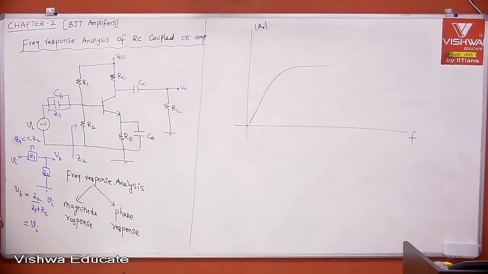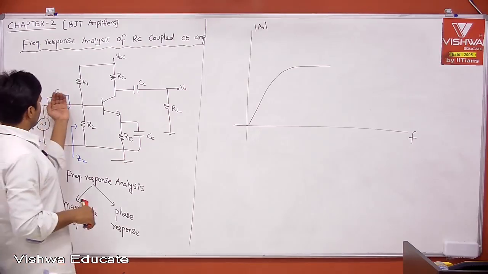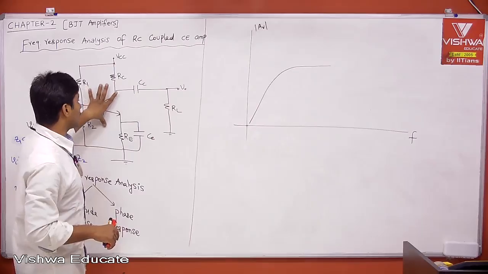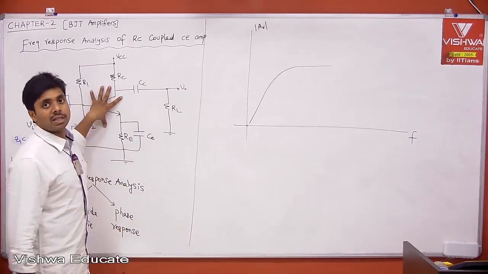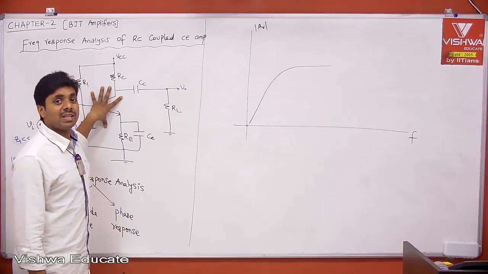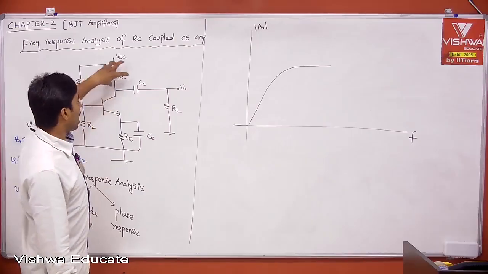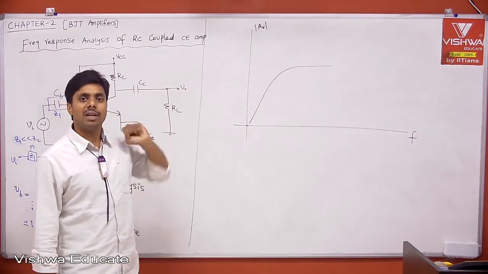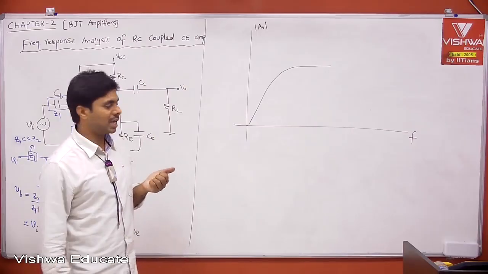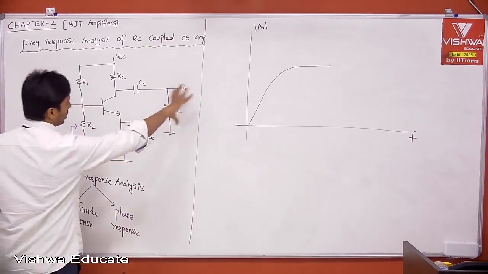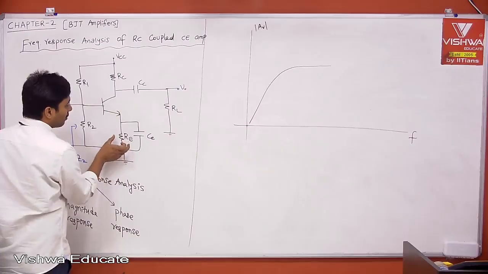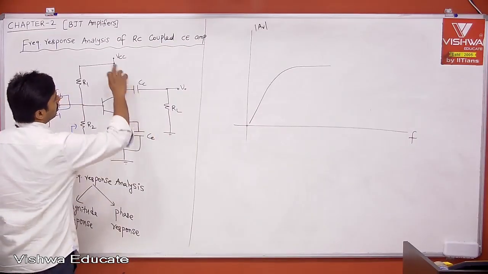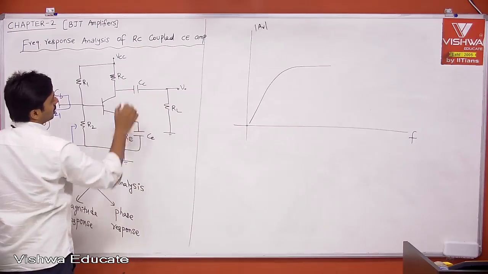If VB is approximately equal to VI, then your transistor is amplifying the signal with the gain we calculated from the common emitter configuration, using the simplified model, which is minus hfe into RL dash divided by hie. Here RL dash is RC in parallel with RL, that is the effective load. This is also almost a short circuit in parallel to RE, and similarly in combination with RC we have to see how it is acting.